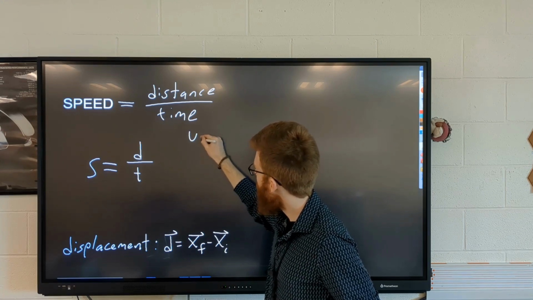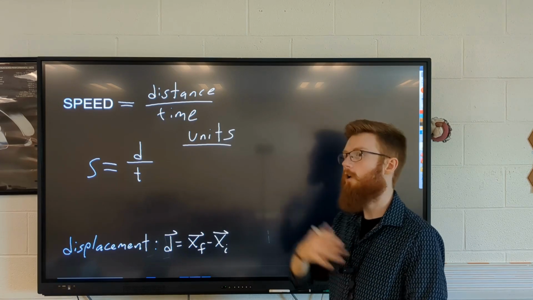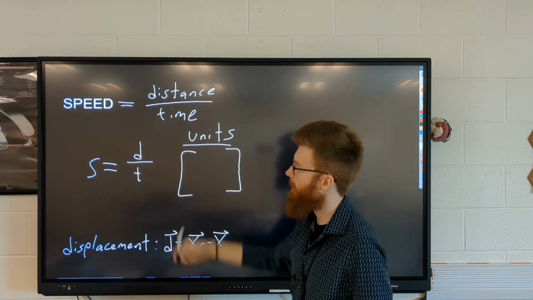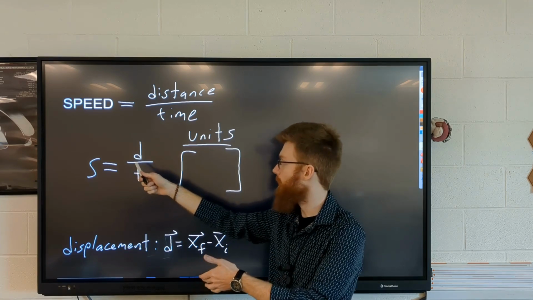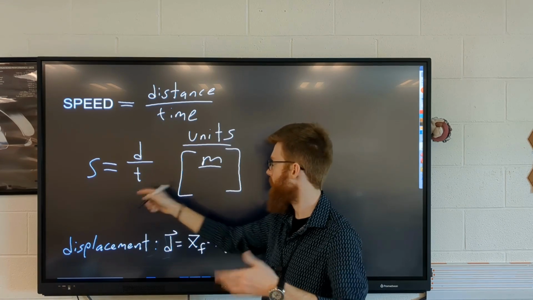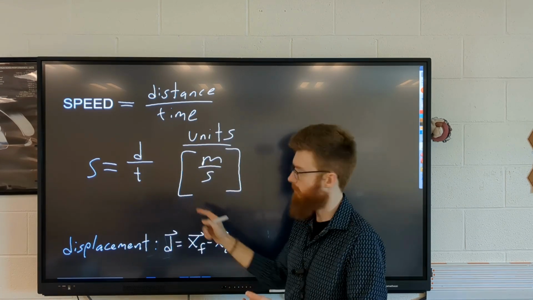And the units for that, the SI units or the scientific units that we'll all be using, come from the equation right here. We've already talked about how distance in science is measured in meters, and time in science is measured in seconds. So for speed, the units would be meters per second.